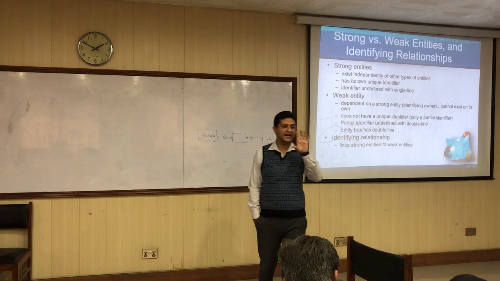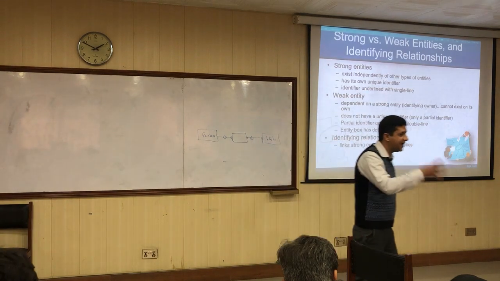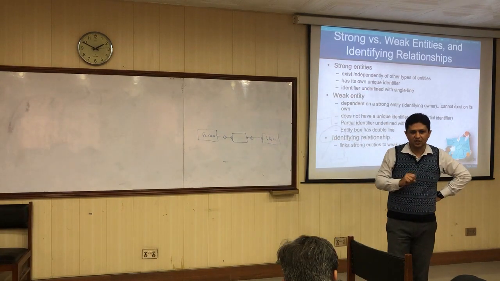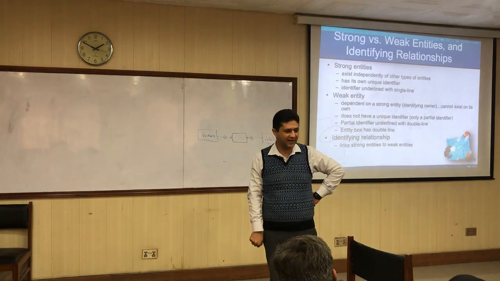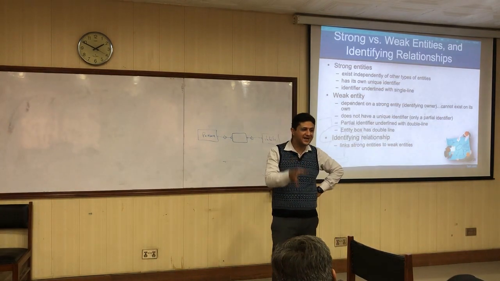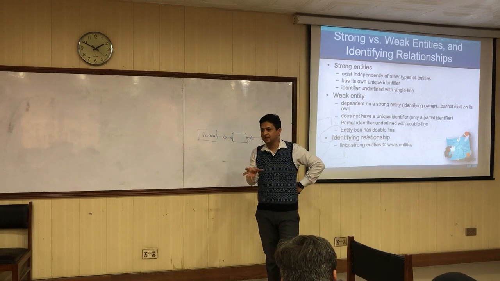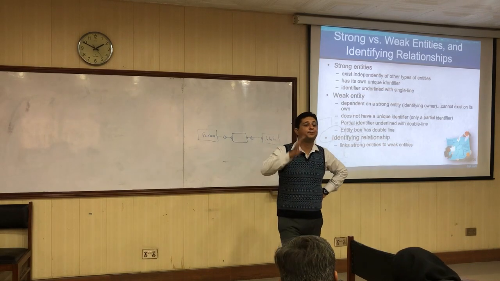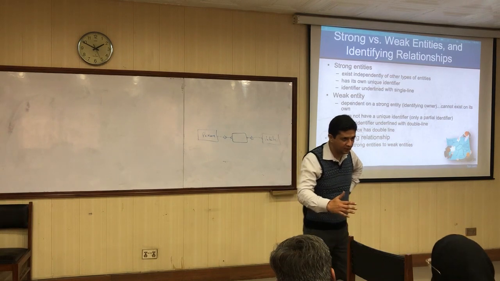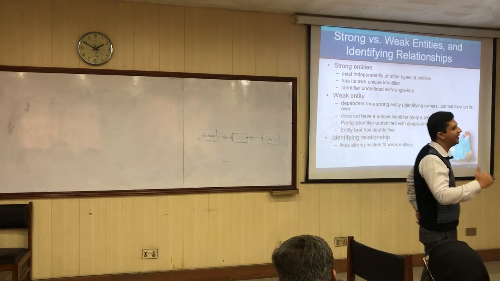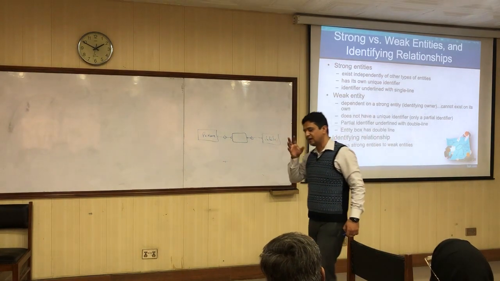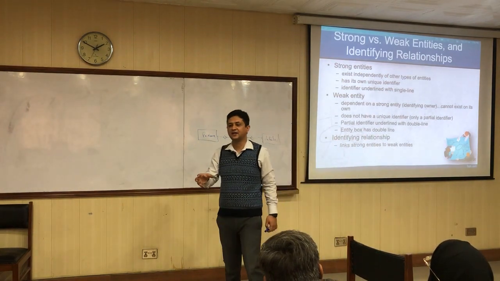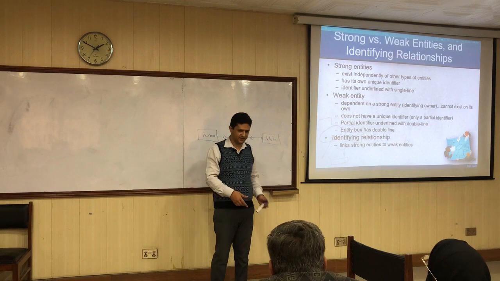In order to identify a weak entity's instance, we need to go through a strong entity instance, right? Because there is no identifier assigned to a weak entity. Rather, there is a partial identifier, okay? But that partial identifier cannot independently uniquely identify the instance of that entity.